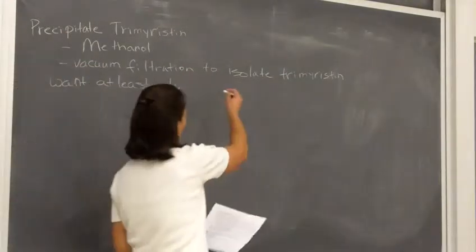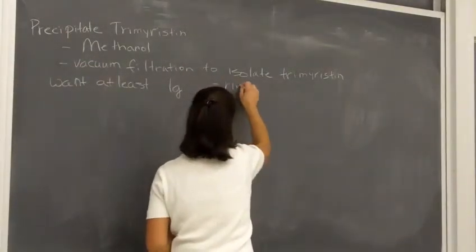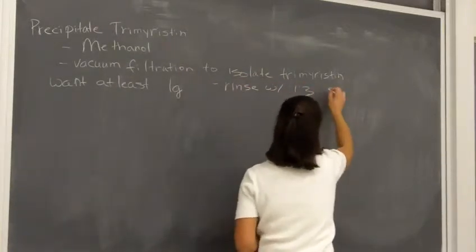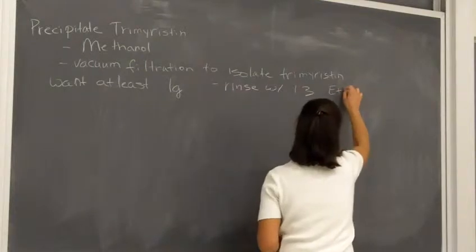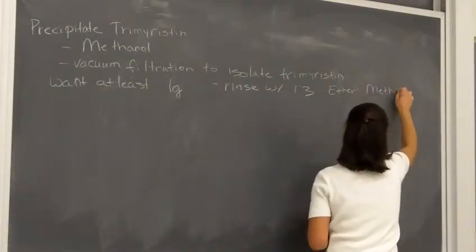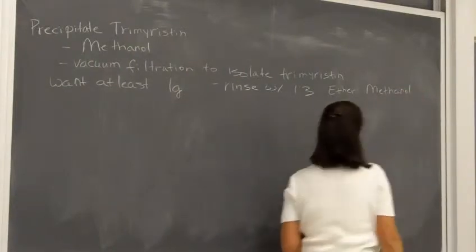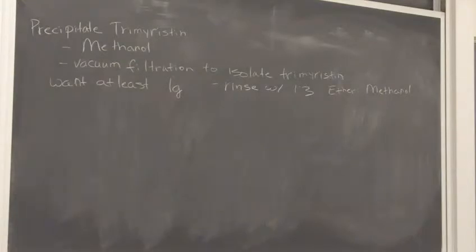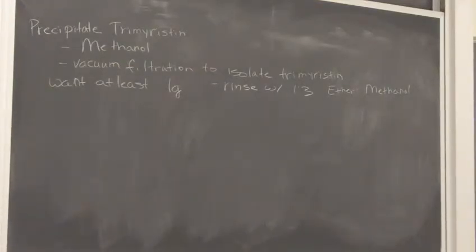One more thing here with this vacuum filtration, you're going to rinse your solid with a 1 to 3 ether to methanol rinse, okay? And this is in your lab manual. So we need a way to figure out how much solid we have that doesn't include all this solvent, okay? The ether goes away pretty quickly, but the methanol will hang on. So this is what we're going to do.